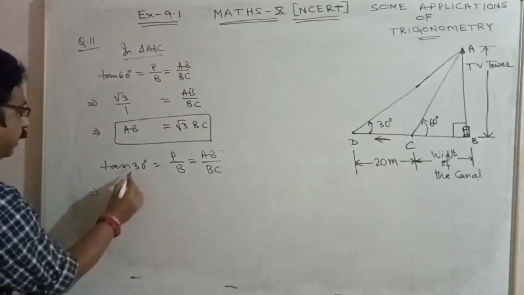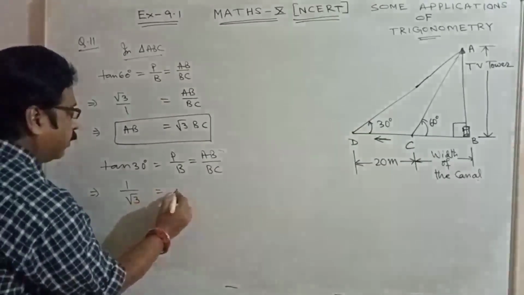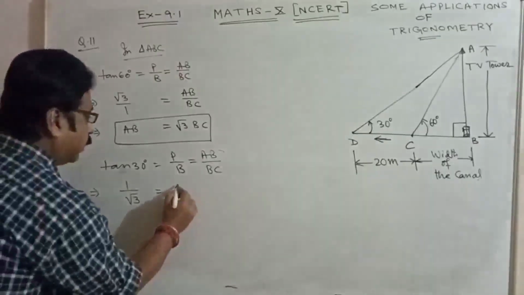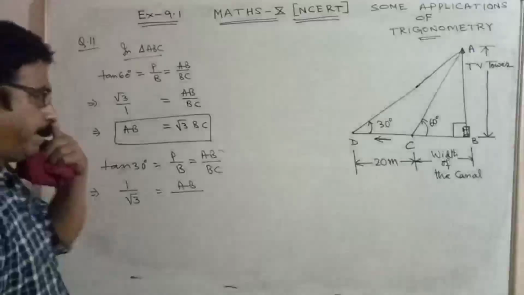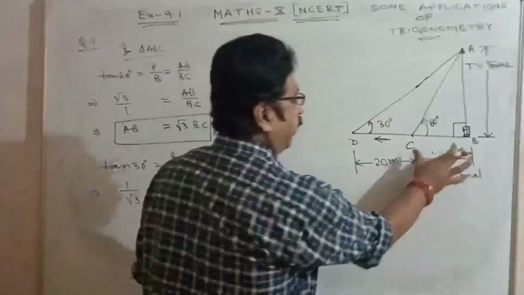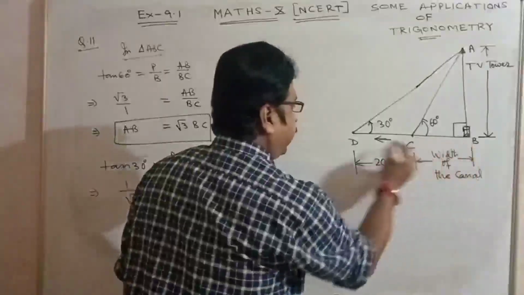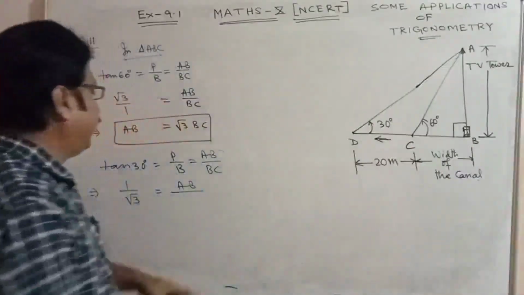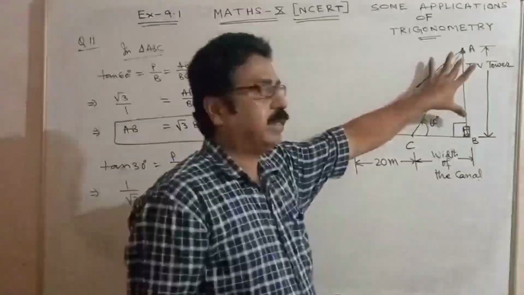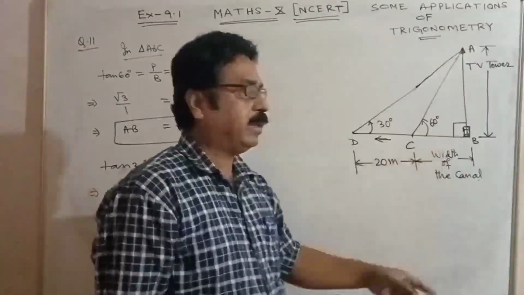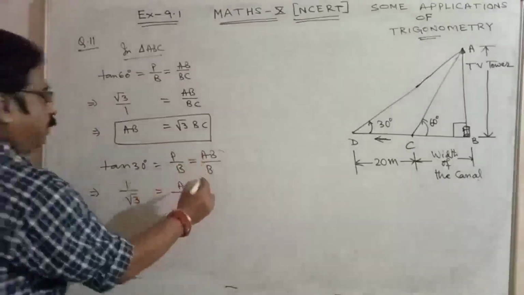Tan 30 means 1 upon root 3 equals AB upon BC. BC is unknown, but here it will be BD, not BC. Perpendicular is AB and base is BD. AB upon BD.